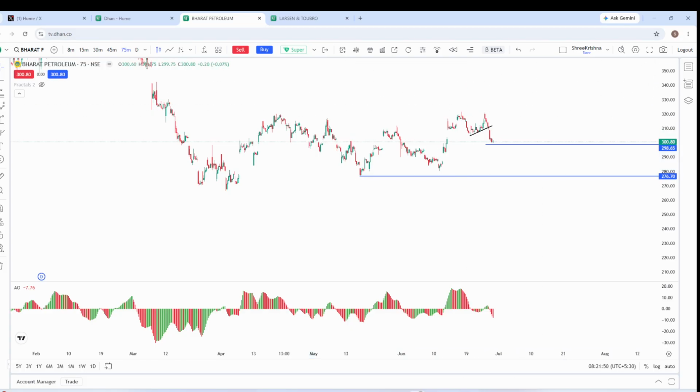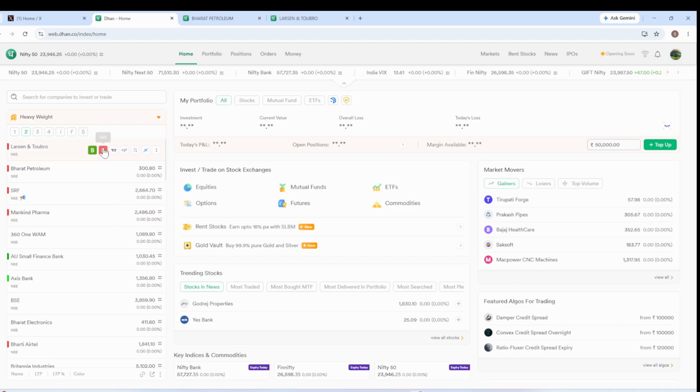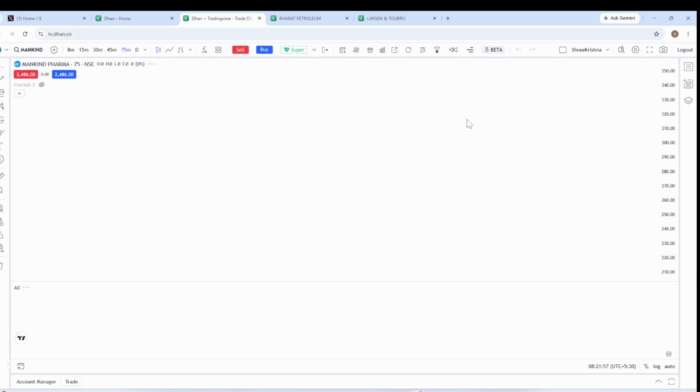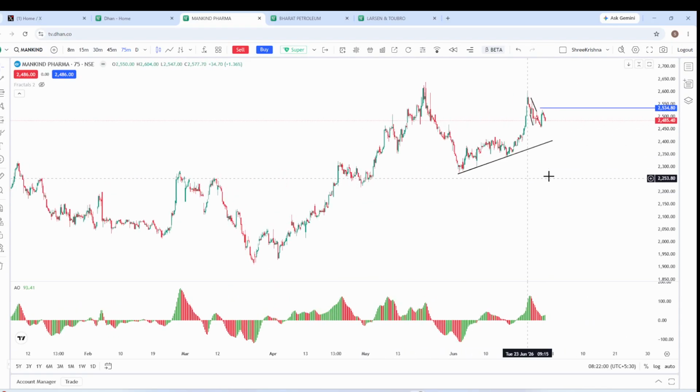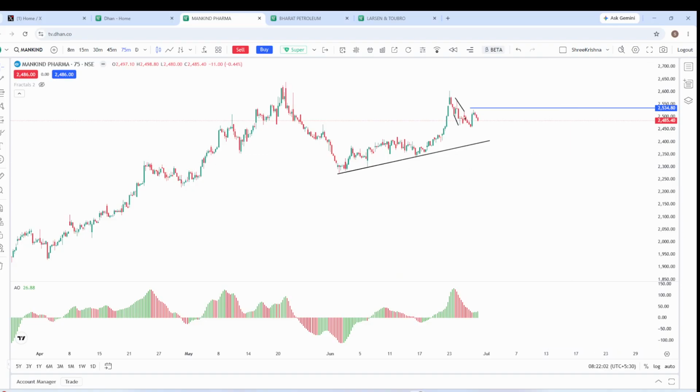Alright. So next, I think Mencken Pharma has pulled up and then pulled down. We wanted this to break, okay, and now what is happening is it has made a B and we are looking for C. Once the C is made and if there is any reversal like this, please see, we are going to sell it for this particular length.